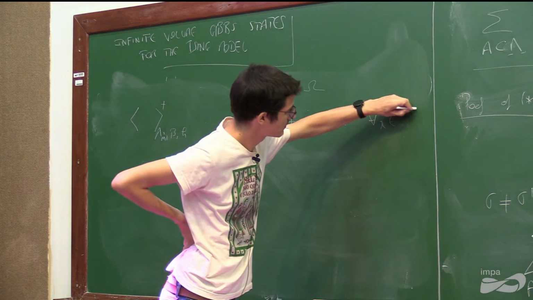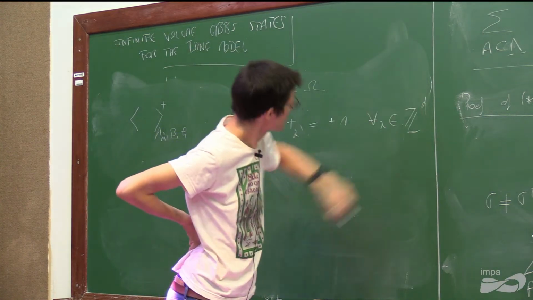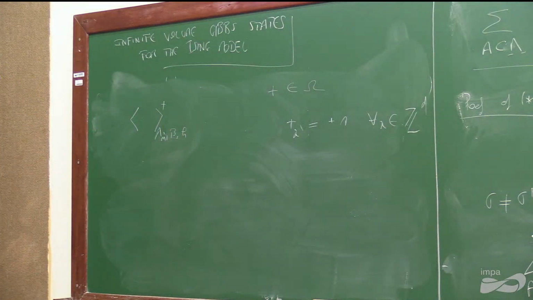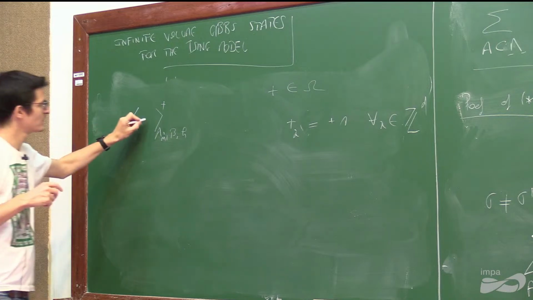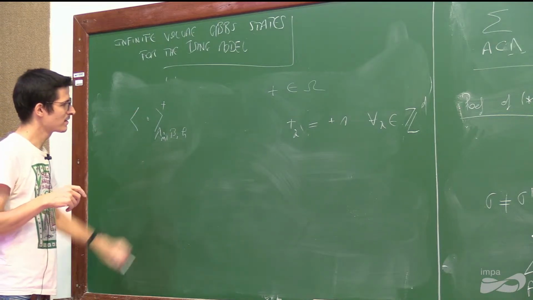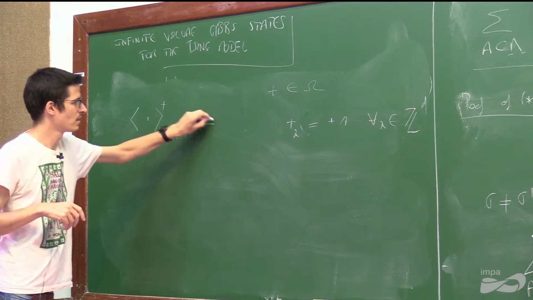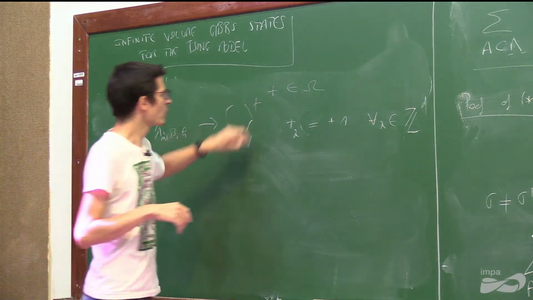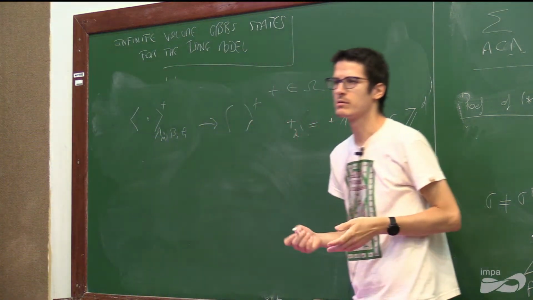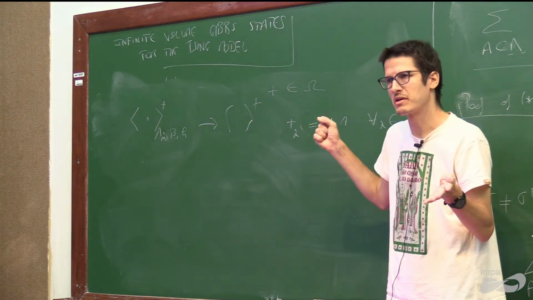So now the idea is that this thing converges to a Gibbs state, which I will call the plus boundary condition Gibbs state.